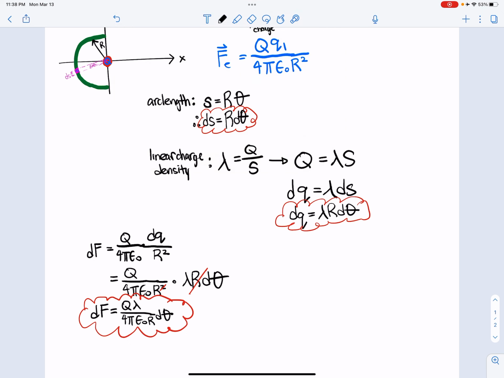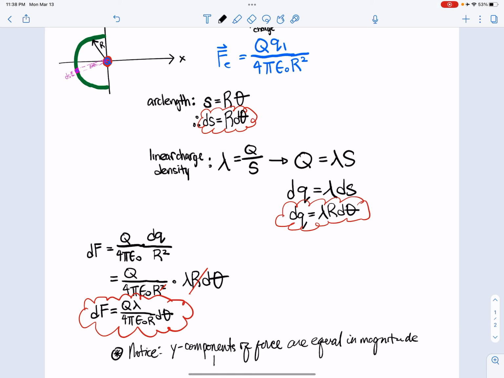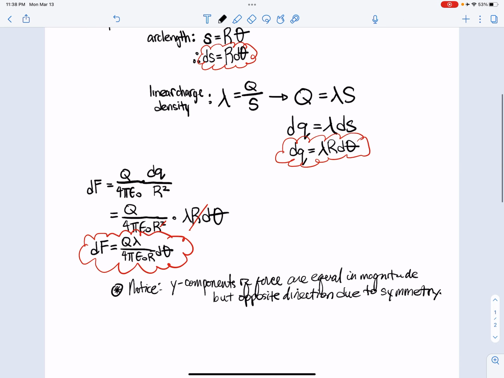Right away that's something we would hopefully notice: the y components of force are equal in magnitude but opposite in direction due to symmetry. Therefore, they cancel each other out.